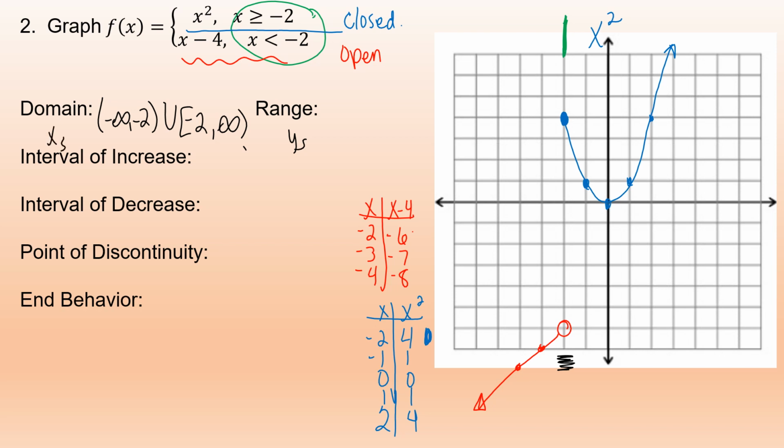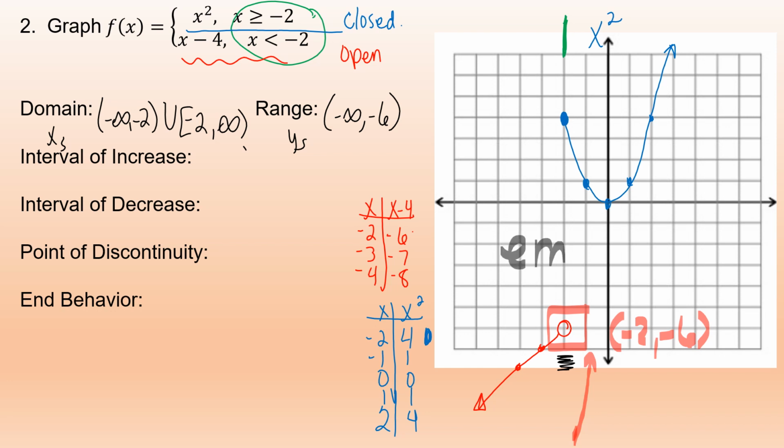The range is going to be all the y values. So if you look at this section of our graph, this bottom piece is increasing up to that y value, this particular point at (-2, -6). So we're going to state that the range starts at negative infinity and travels to -6, parenthesis. It's got a big, huge empty section in the middle.